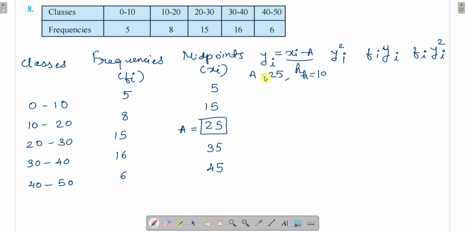So now we can find yi. First yi will be 5 minus 25 by 10, so that is minus 20 by 10, which is minus 2. Then 15 minus 25 by 10, which is minus 10 by 10, which is minus 1. 25 minus 25 by 10, which is 0.